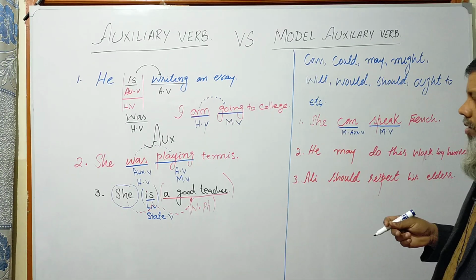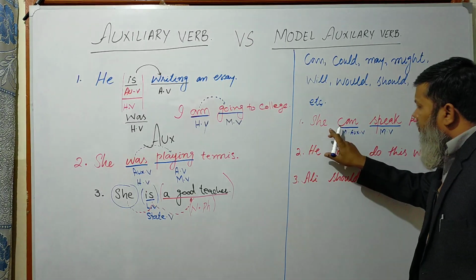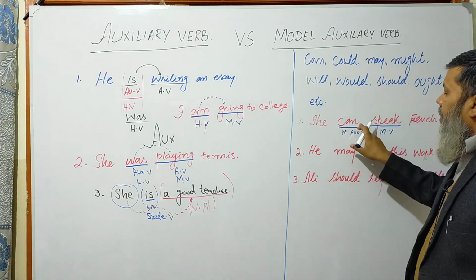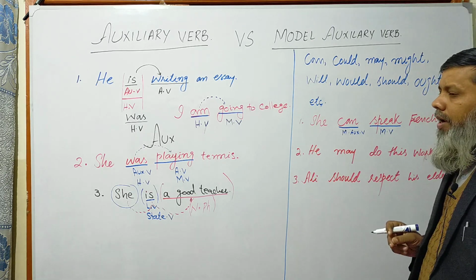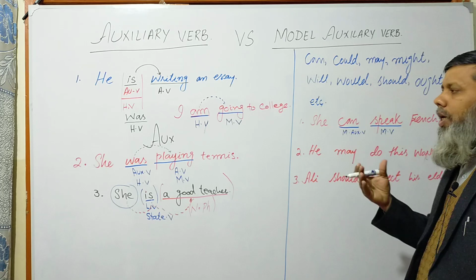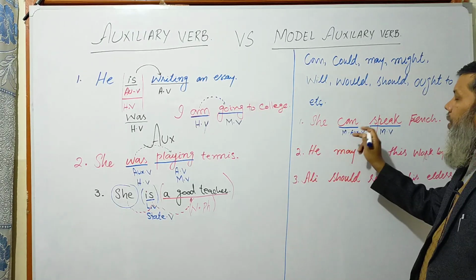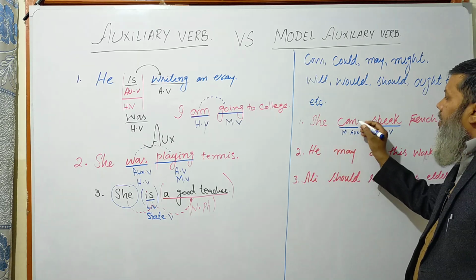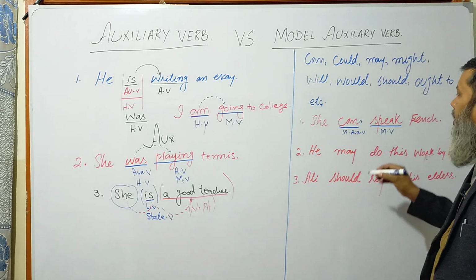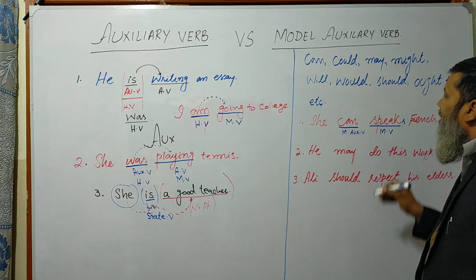Listen, the reason is that along with a third person singular subject, my dear, we need to write the S or ES form. So we cannot write here, she can speaks English.